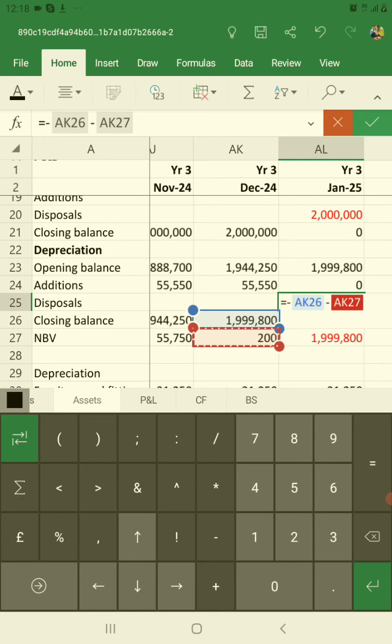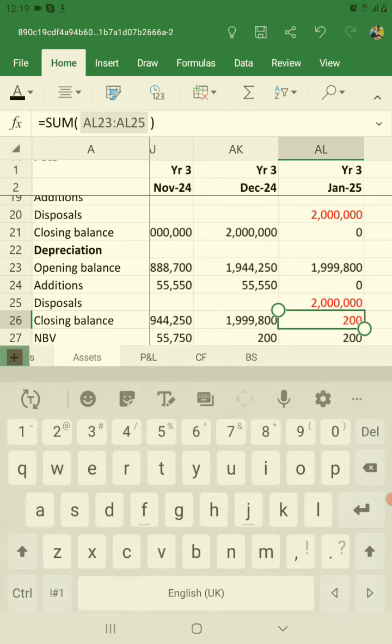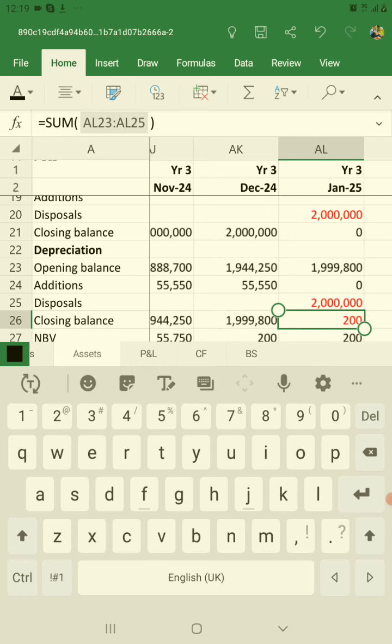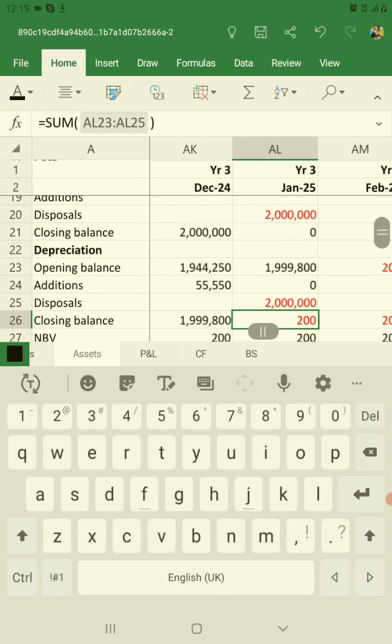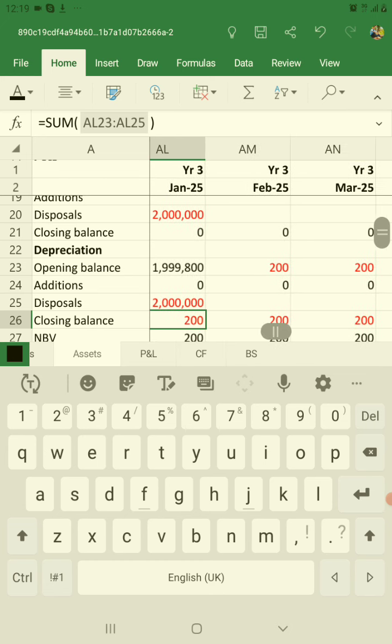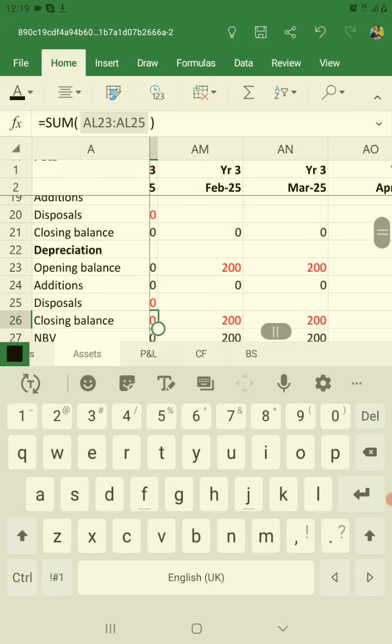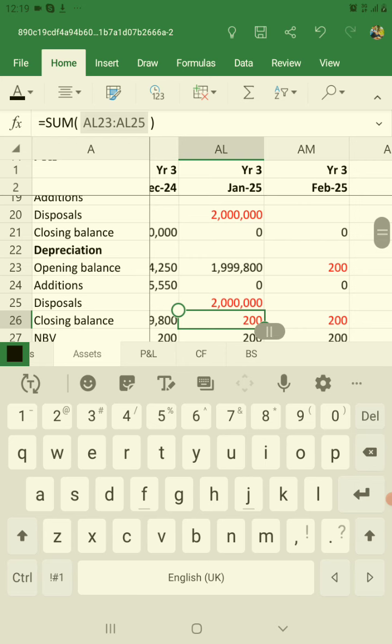That means we are shifting them to disposal account for the purpose of disposing this asset. So I click enter. So after doing that, you can see my closing balance now becomes 0 because we have disposed this asset.